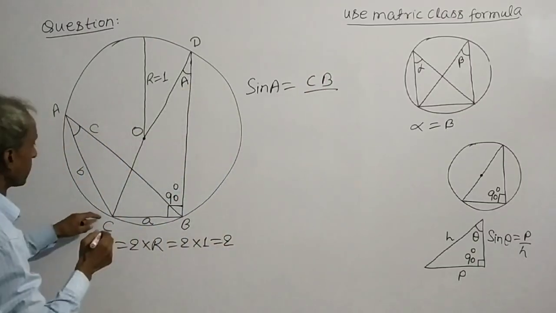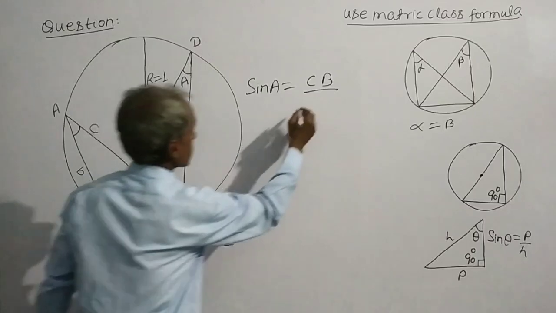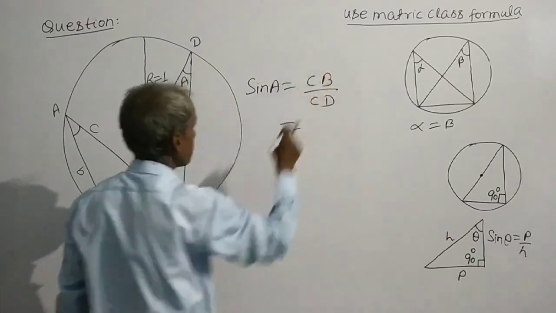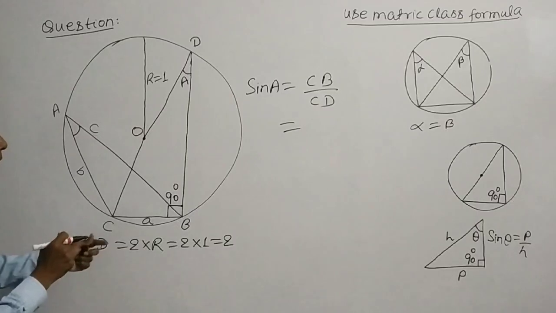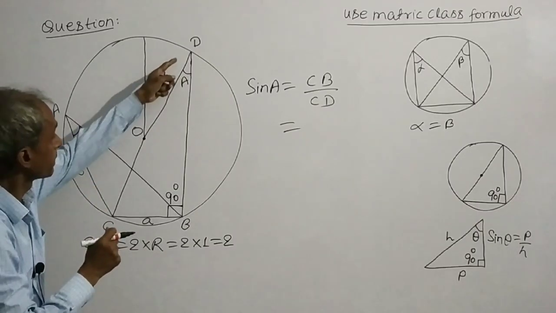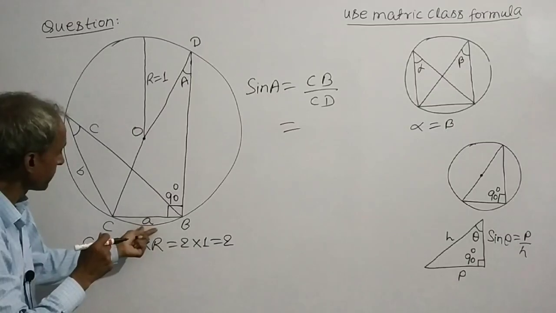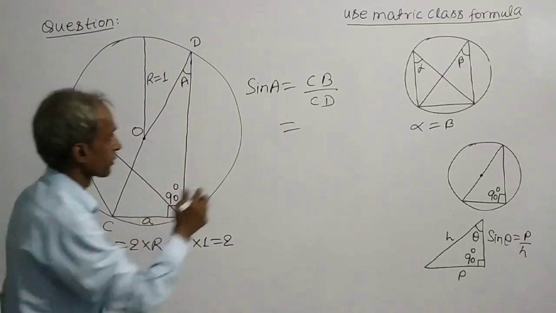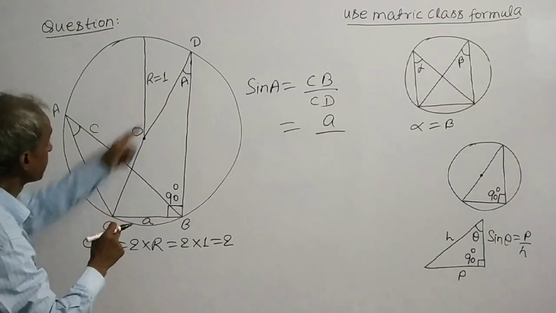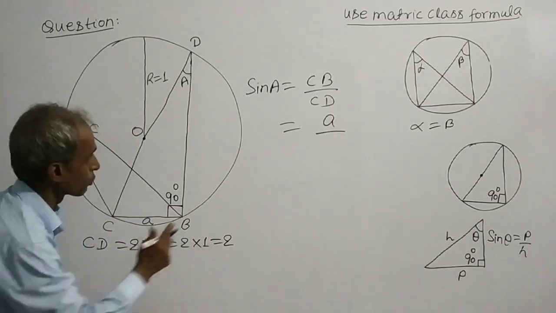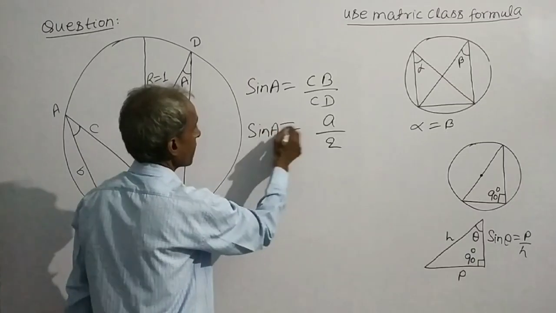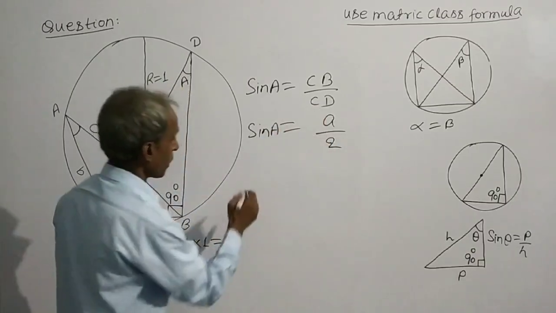That is equal to CB, which is equal to a, and CD is equal to 2. That means sin A is equal to a by 2.